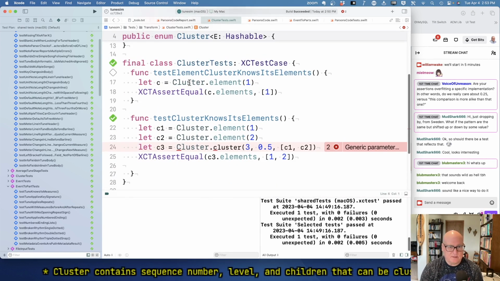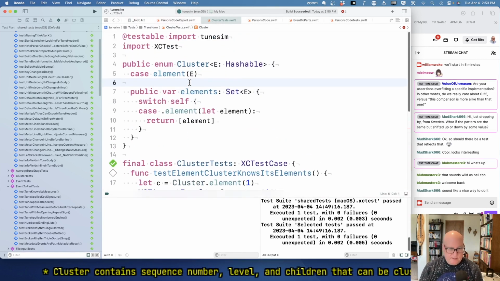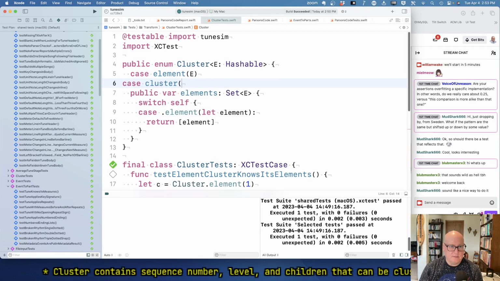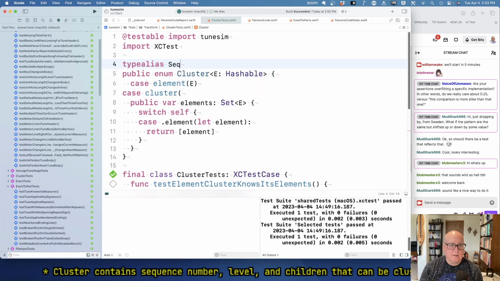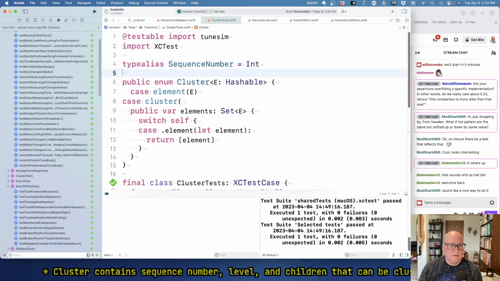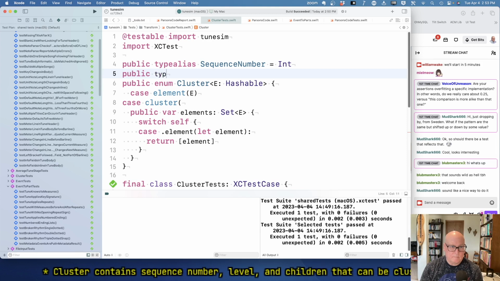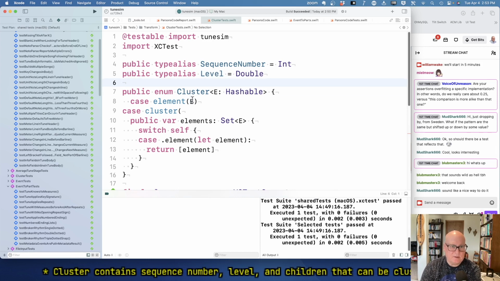Okay, so cluster is a case, and it's got. Let's do some aliases. Type alias sequence number equals int. Let's make that public. Okay, we define these, now I'm going to make sure I use them.